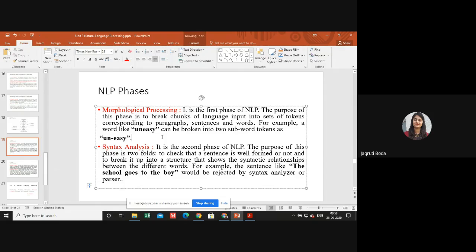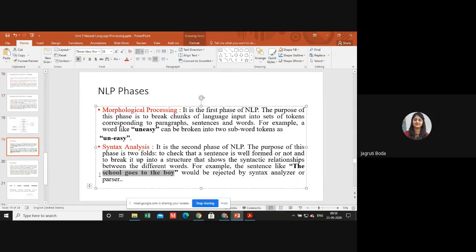For example, a sentence like "the school goes to the boy" would be rejected by the syntax analyzer or parser, because the correct sentence is "the boy goes to the school", right? So this is a wrong sentence because it is not properly formed. This is the role of your syntax analyzer.